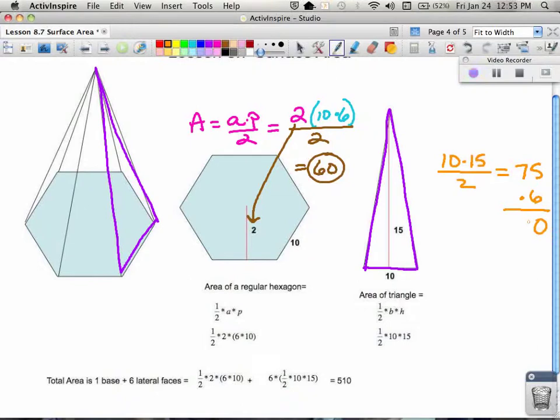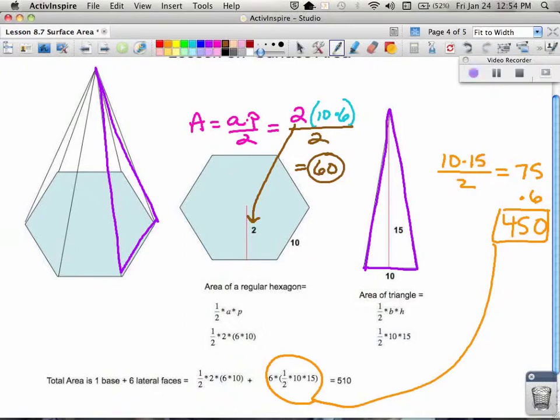So 6 times 5 is 30. Carry the 3, 42, 45. So I believe that's 450 for the total lateral surface area of the triangles. So that area, the 450, is what's being produced right here: 6 triangles at 1/2 base times height.